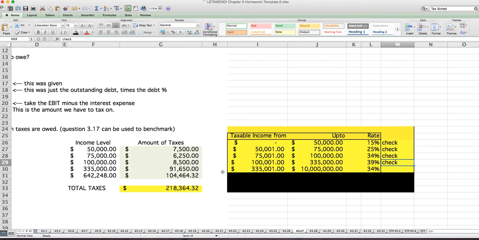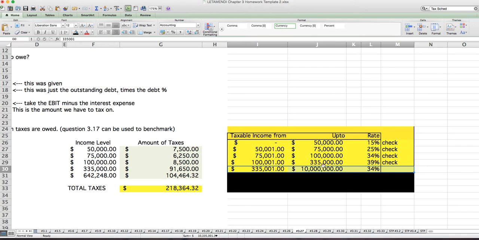Now, remember that they didn't make more than $10 million. So the trick here is to make sure that this dollar right here is the last dollar that you're going to tax.